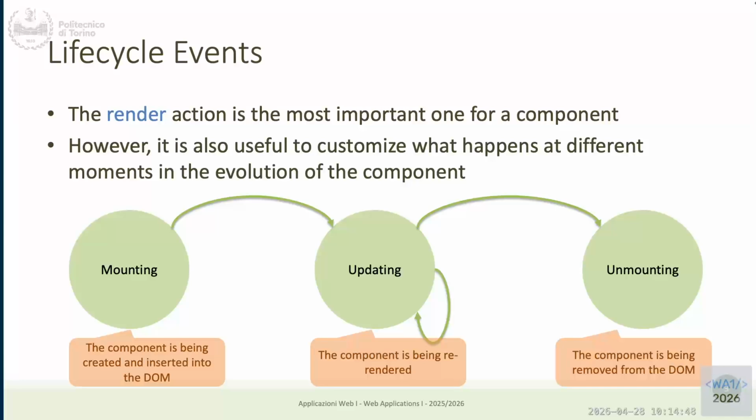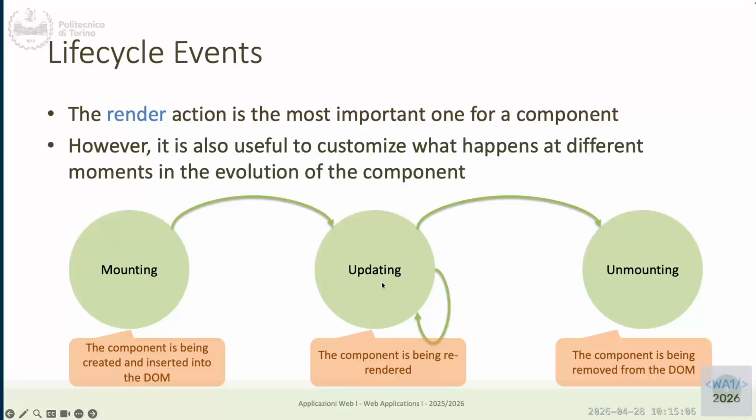So the first three should be destroyed and new ones will be created. So it's all internal to matching what you actually see on the page with the component instances that we have in the virtual DOM.